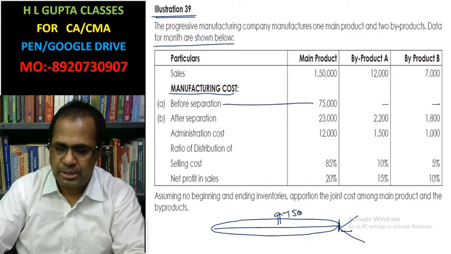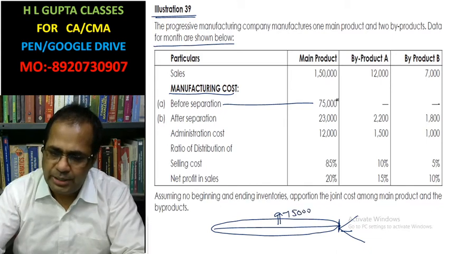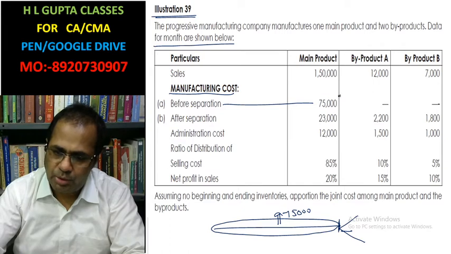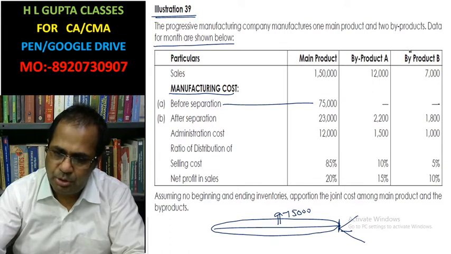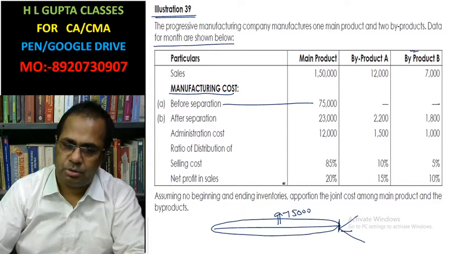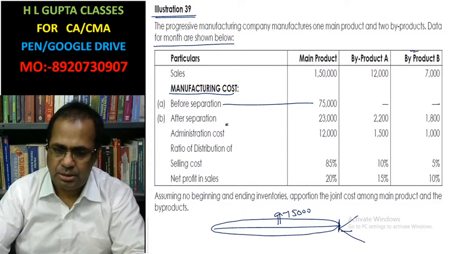Joint cost is 75,000. This is the joint cost not only for the main product, but for byproduct A as well as byproduct B. After separation, the cost is 23,000.